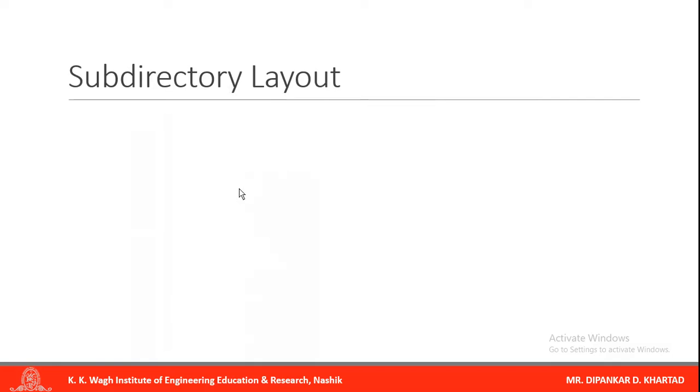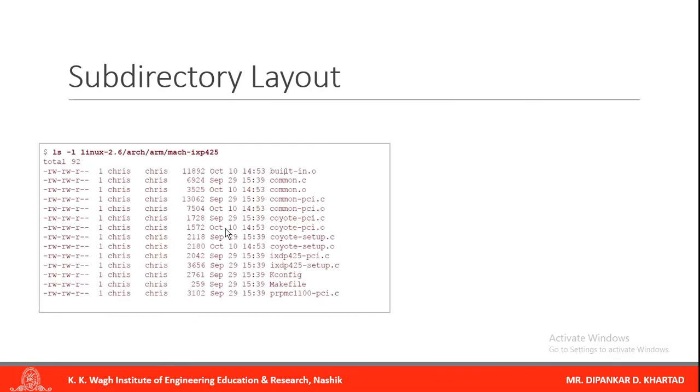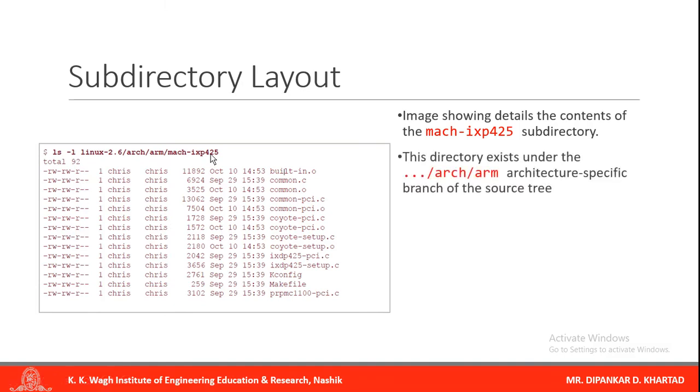And last is the subdirectory layout. This is the subdirectory layout image showing details of the contents of the mach-ixp425 subdirectory. This directory exists under arch/arm, the architecture specific branch of the source tree.